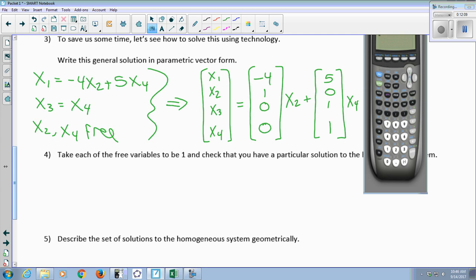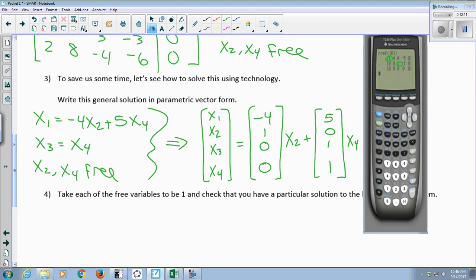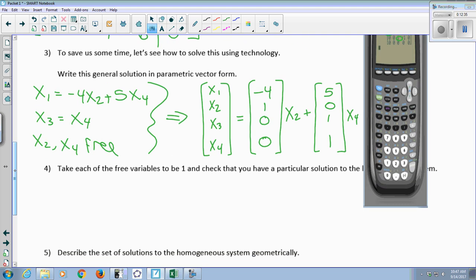So that's my solution written in what's called parametric vector form. Vector because it's a vector of solutions, x1, x2, x3, x4. Parametric because it uses x2 and x4 as parameters, so things that change. So if I take each of my free variables to be 1, then I can check that I have a particular solution to the system, right?